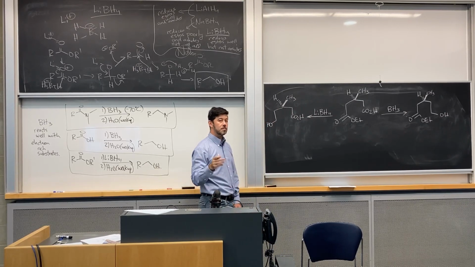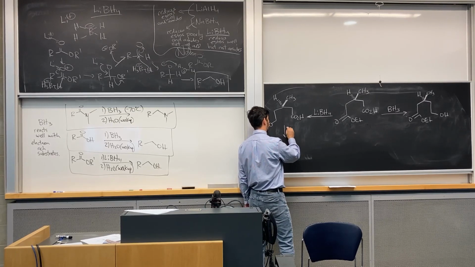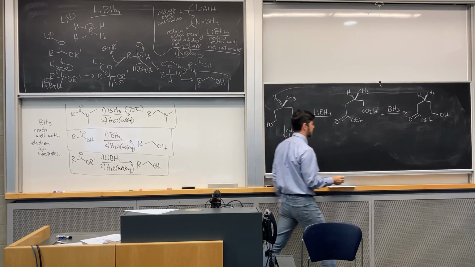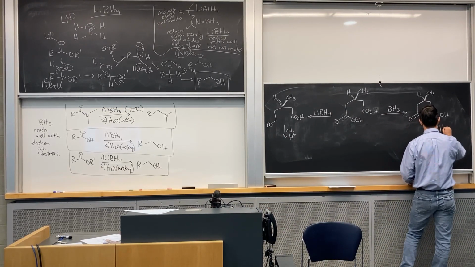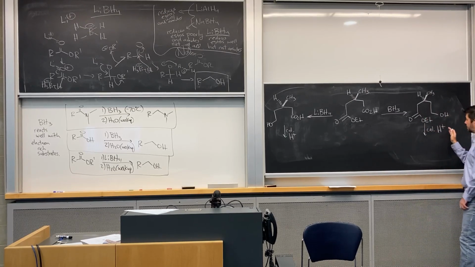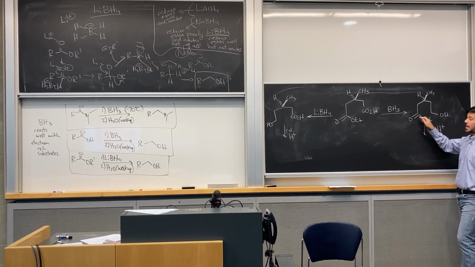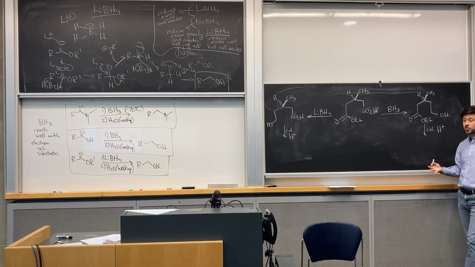Okay, so now if we take these two molecules and treat them with some catalytic acid, and look at this one first, if we add acid, we can imagine protonating here, this coming and attacking. We generate a 1, 2, 3, 4, 5, 6-membered ring, which is favorable.